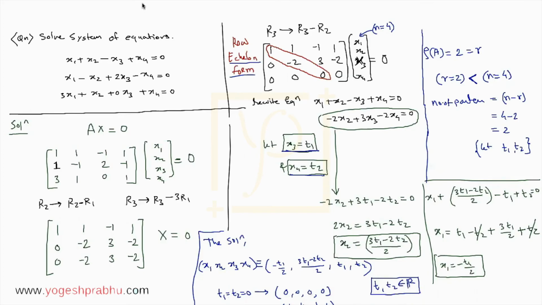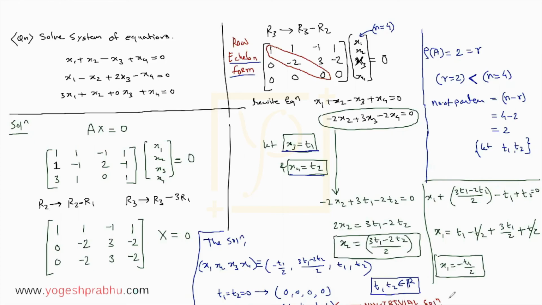So let me highlight that. Now if you see this one here, this is called a non-trivial solution. What I mean by a non-trivial solution is simply that it is non-zero. So you will definitely get some values which are non-zero, and that is called a non-trivial solution. So in this problem, we have a non-trivial solution.